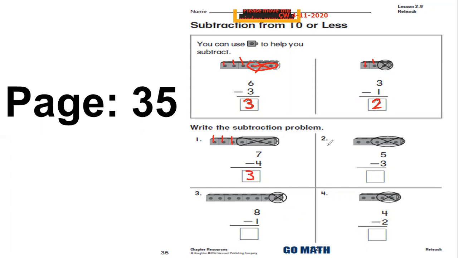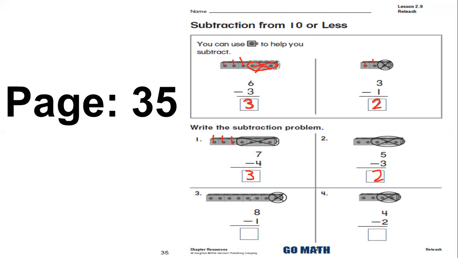Now same with question number 2. 5 minus 3. There are 5 cubes and they crossed out 3. Yes, very good. Excellent, everyone. So how many remaining? 5 minus 3 equals 2.